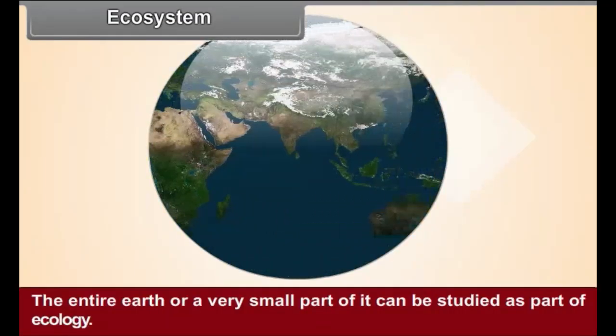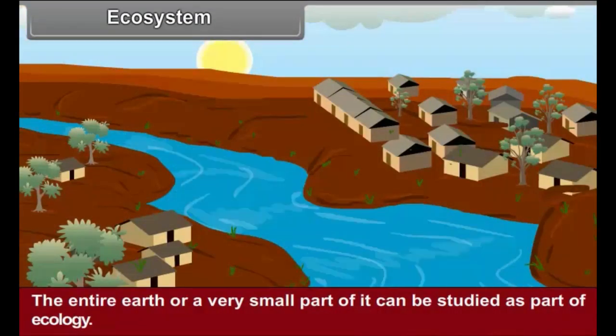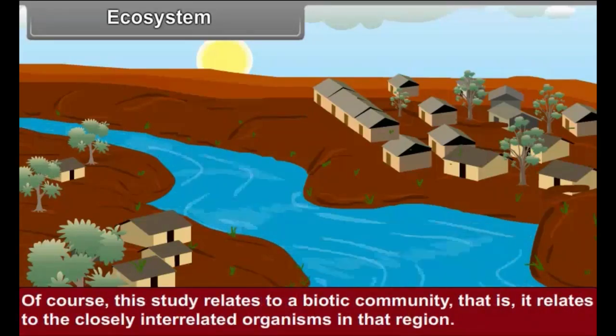Ecosystem. The entire earth, or a very small part of it, can be studied as a part of ecology. Of course, this study relates to a biotic community, that is, it relates to the closely interrelated organisms in that region.